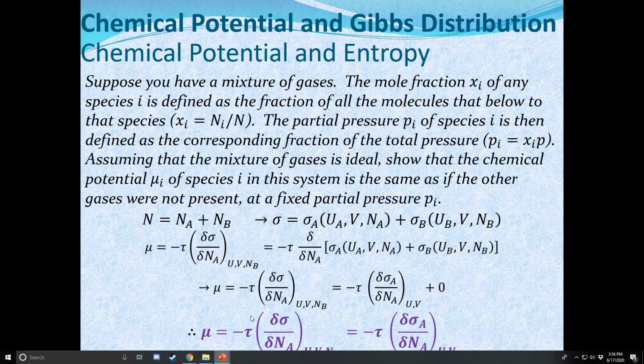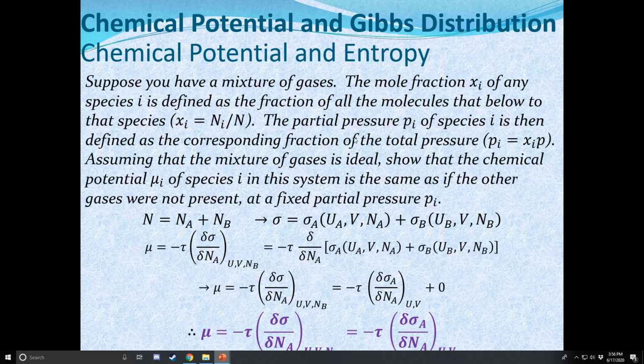So what we have here is saying that the chemical potential is essentially the chemical potential of looking at the entire system, but only as a function of Na, versus just imagining that it was only composed of that first species.